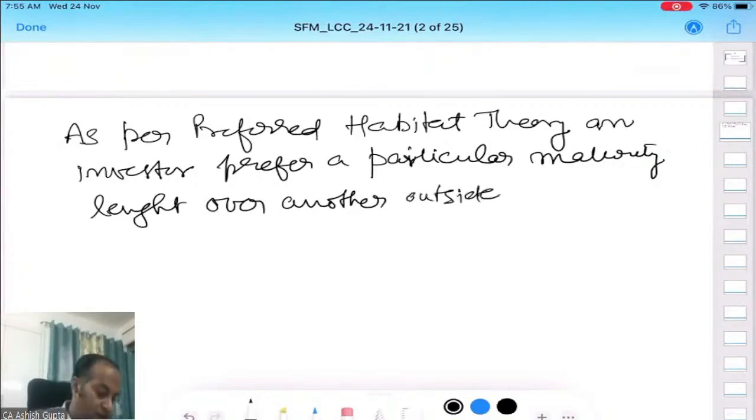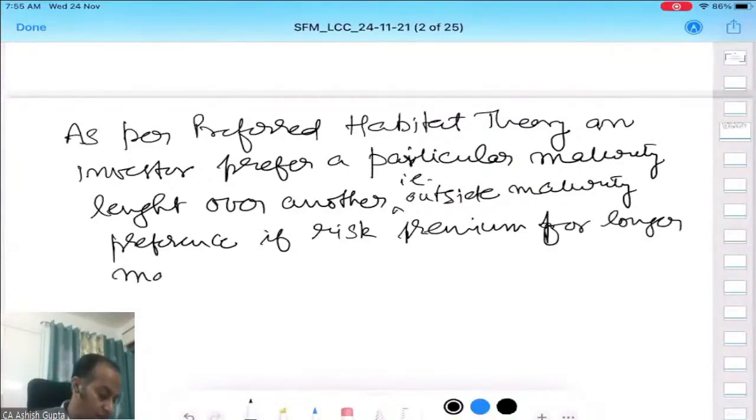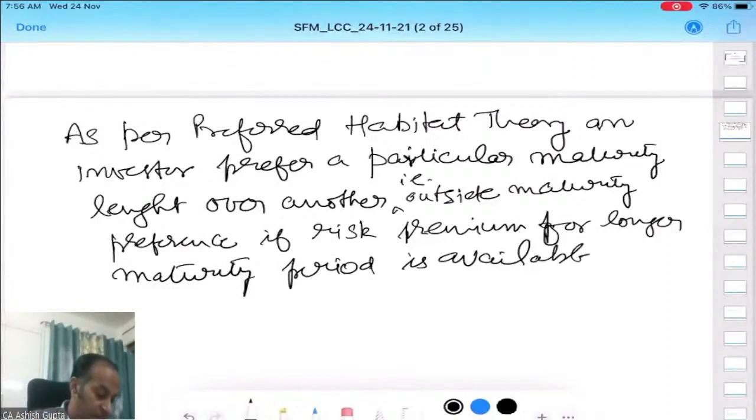Outside that maturity preference, if a risk premium for a longer maturity period is available, he may move.